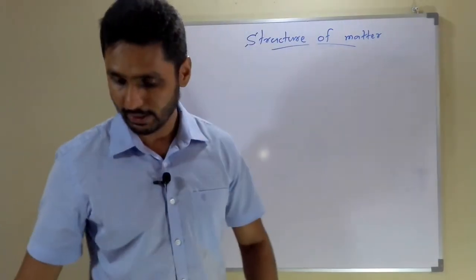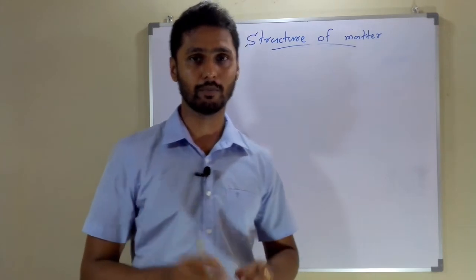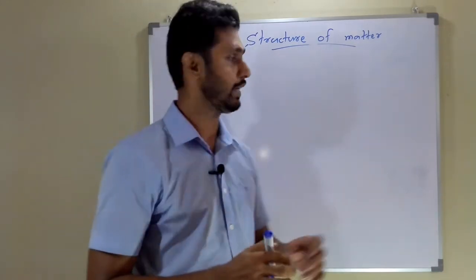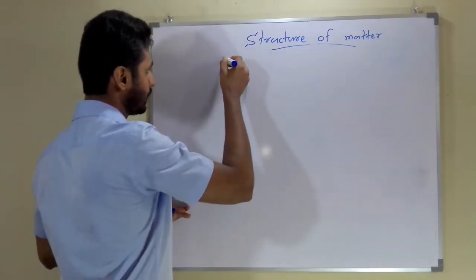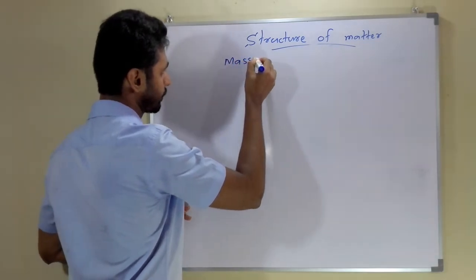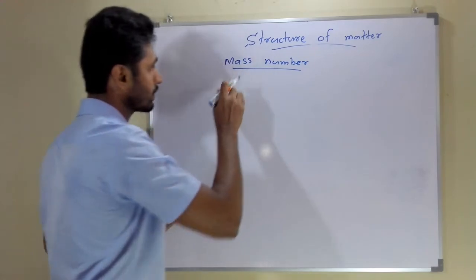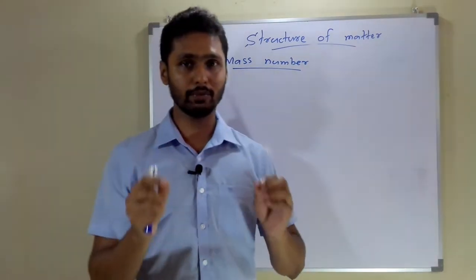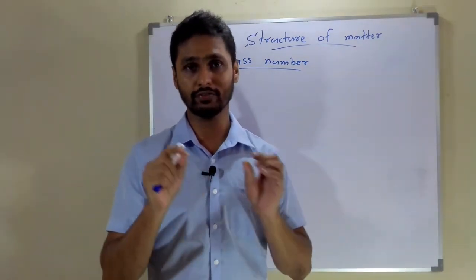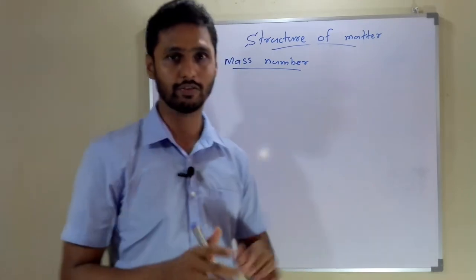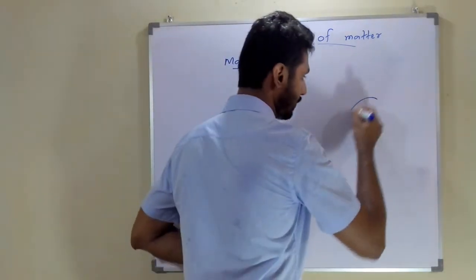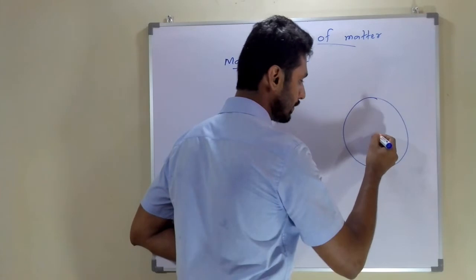And remember that the atomic number is the number of protons in the nucleus. I'm going to discuss the mass number. This mass number is the number of protons and number of neutrons in the nucleus of an atom. Again, if this is the atom, this is the nucleus.